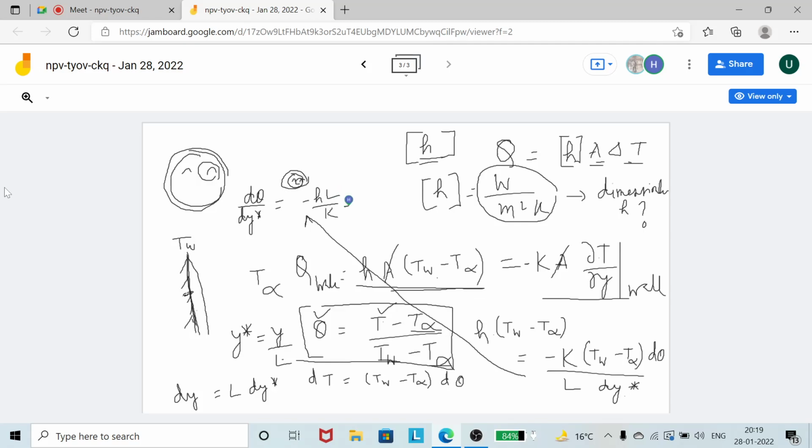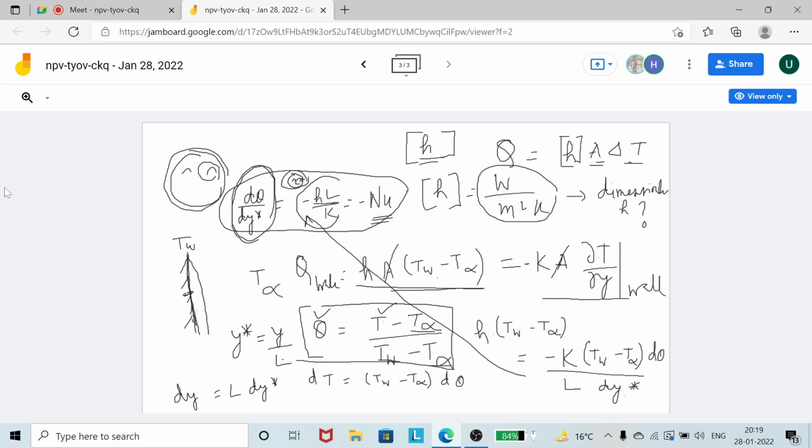So you see that hL by k is the non-dimensional number, which is known as Nusselt number, Nu, named after the scientist Nusselt. So this is nothing but the non-dimensional temperature gradient on the wall. So Nusselt number gives me an estimate of the heat transfer coefficient.